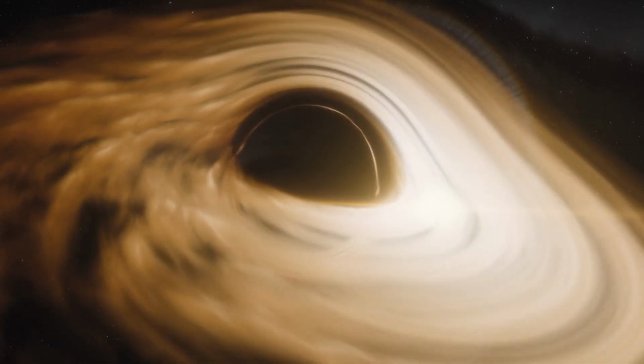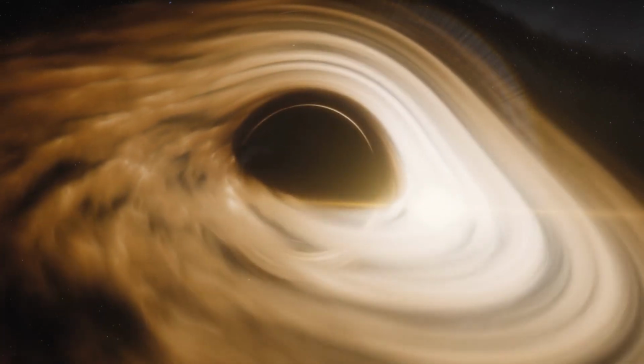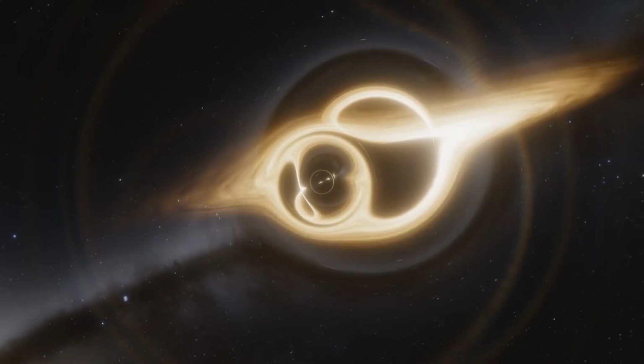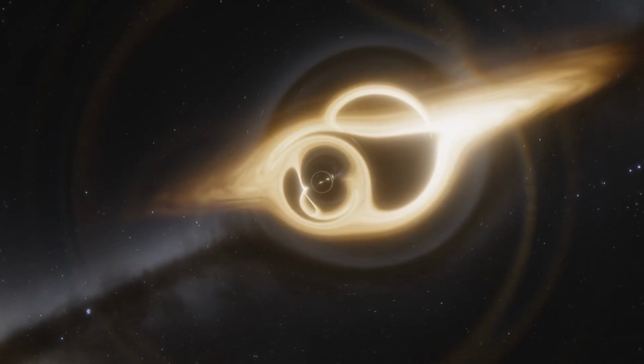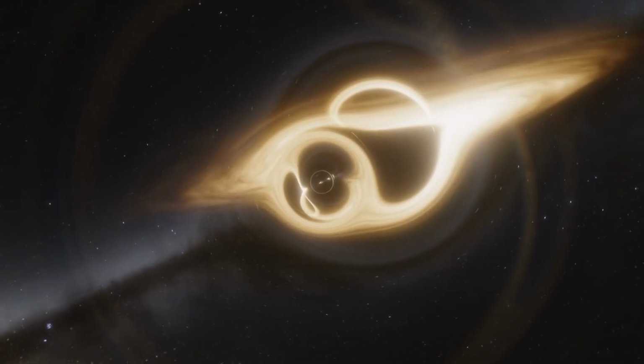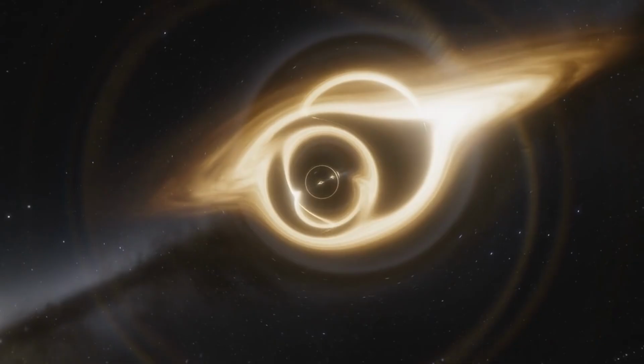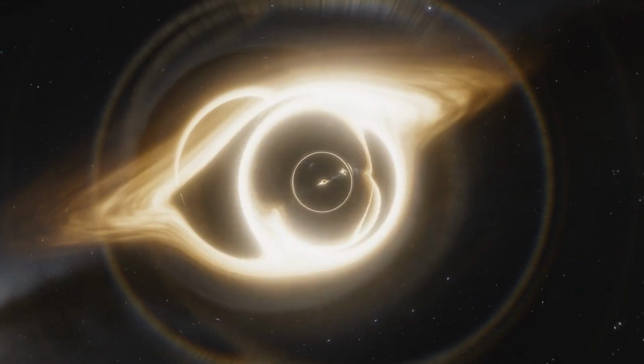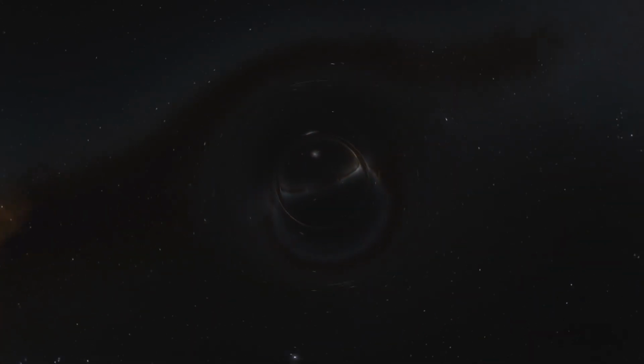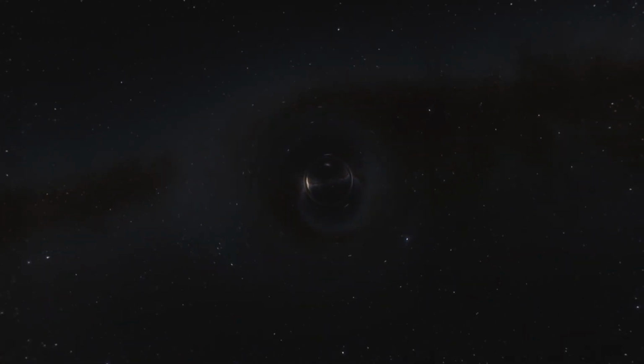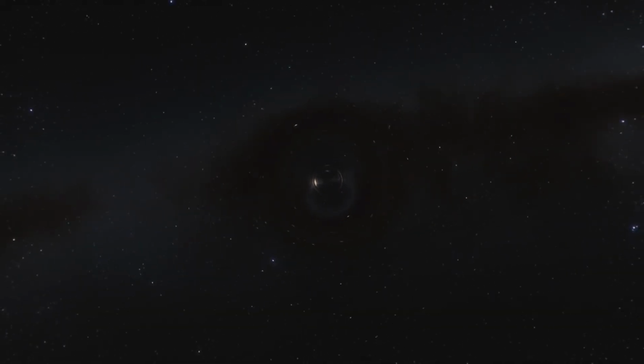Hawking radiation fundamentally depends on the interplay between quantum mechanics and the curved space-time described by general relativity. The particle-antiparticle pairs near the event horizon arise due to the uncertainty principle, a cornerstone of quantum mechanics.